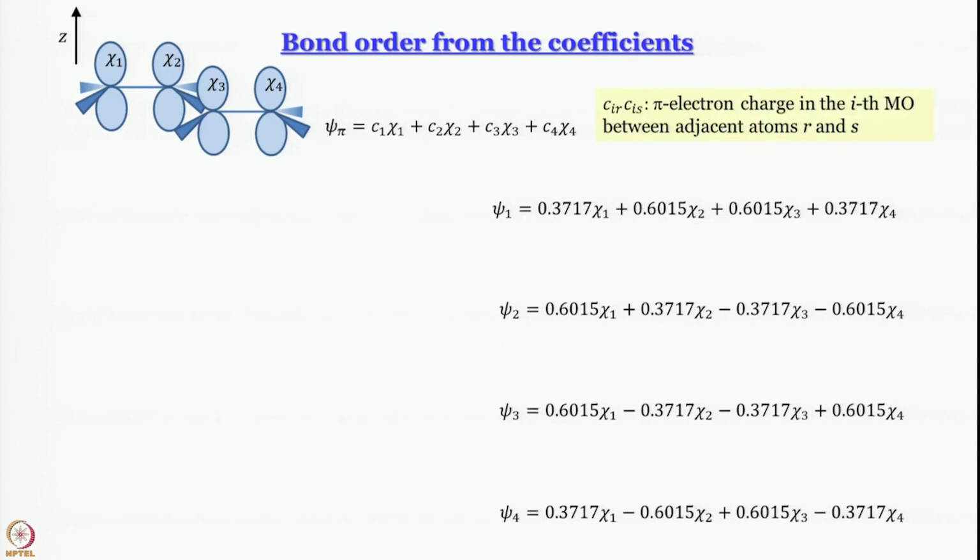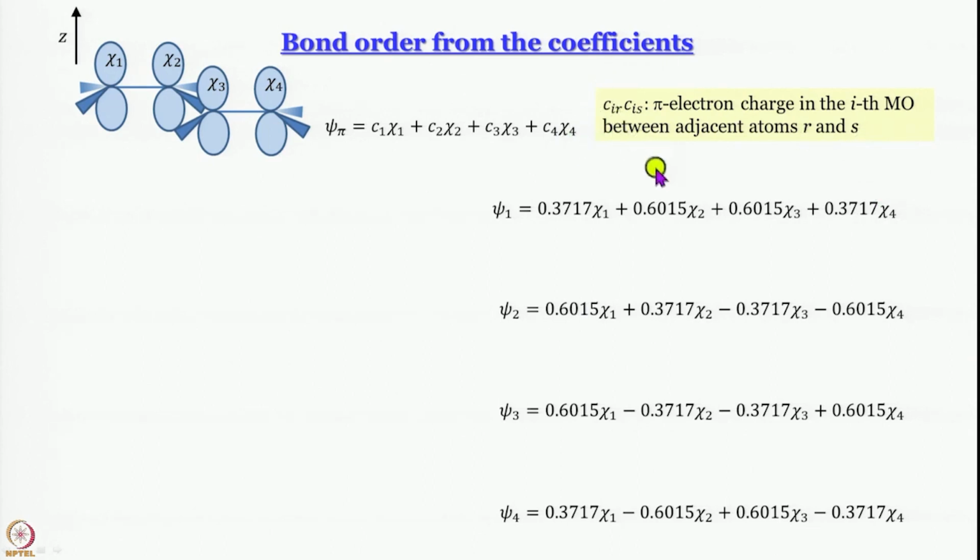The second thing that we want to talk about is bond order. See, CiR multiplied by CiS. Remember, CiR is the contribution of the ith MO in the rth atom. CiS is the contribution of the ith MO in the sth atom.